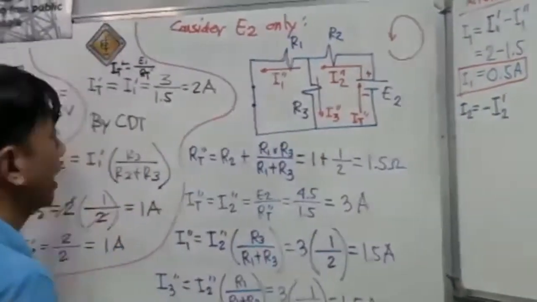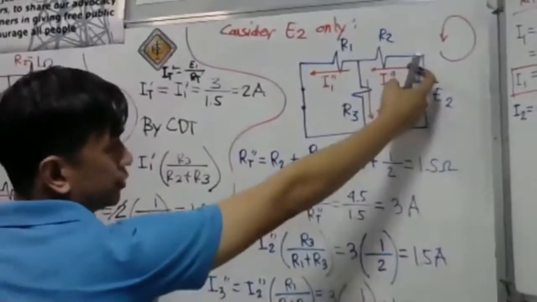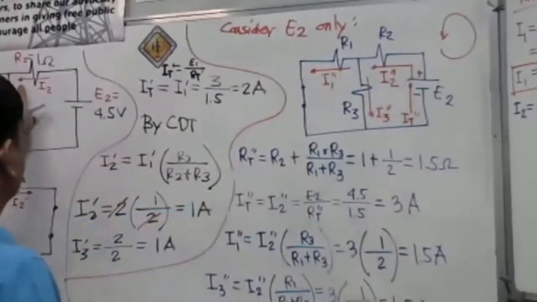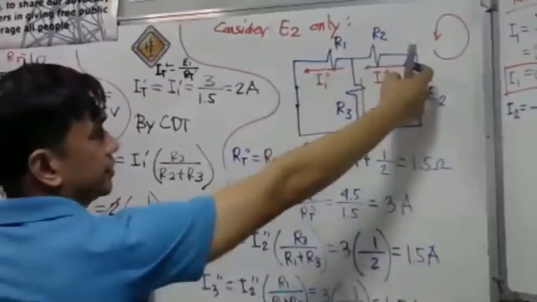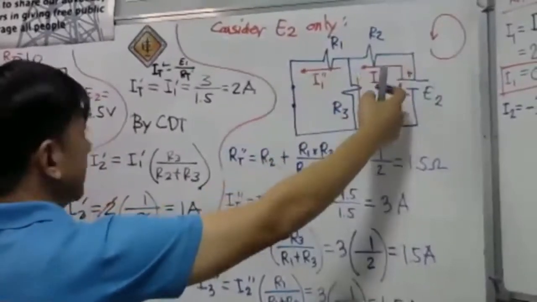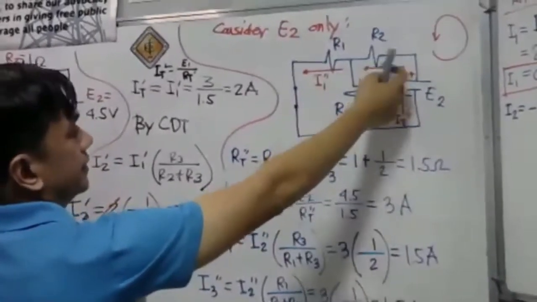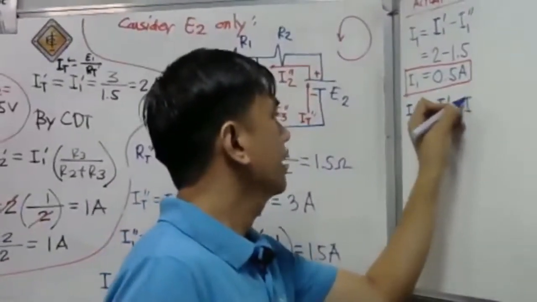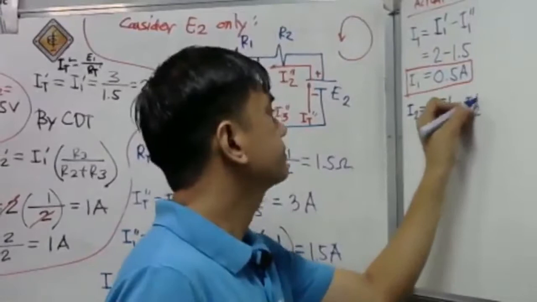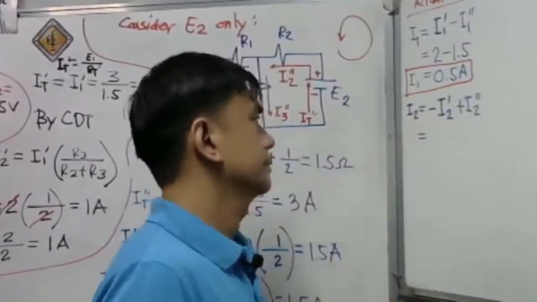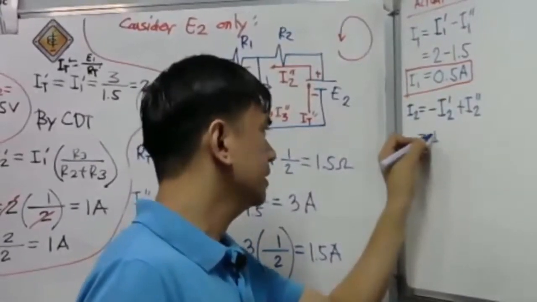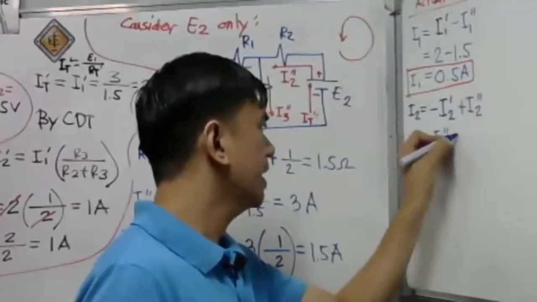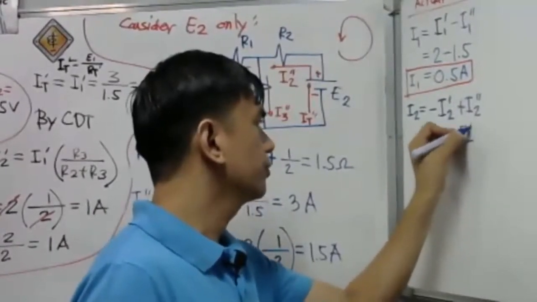Our I2 double prime is also going to the left, the same direction as the original. So they have the same direction, therefore that must be plus I2 double prime. Or we can say it is I2 double prime minus I2 prime.